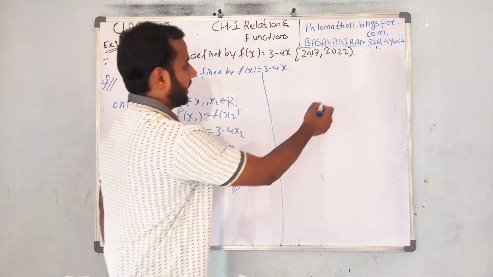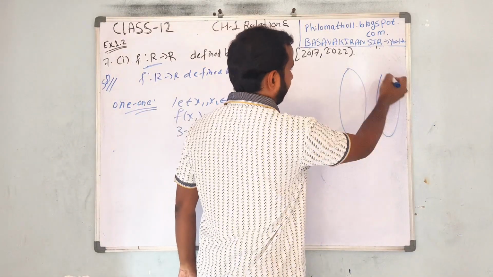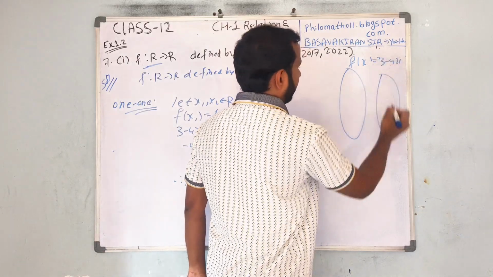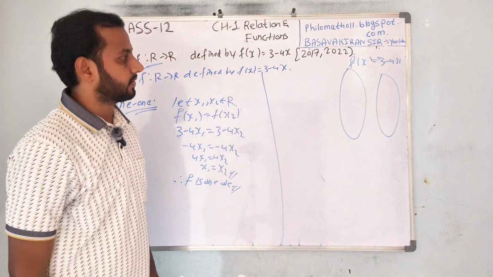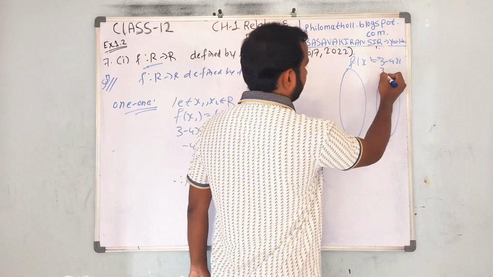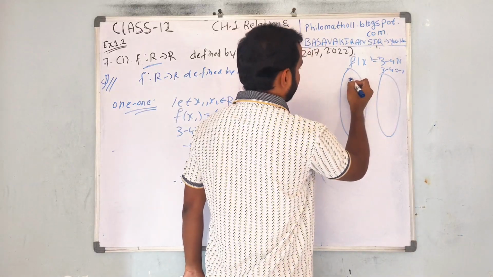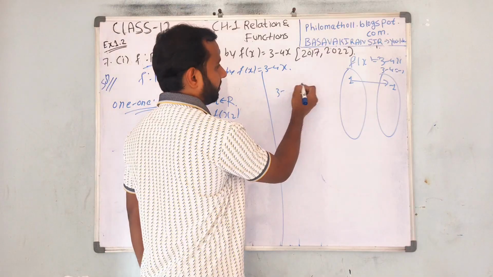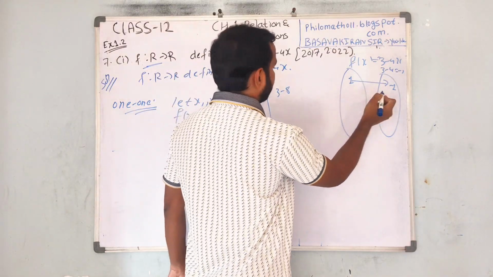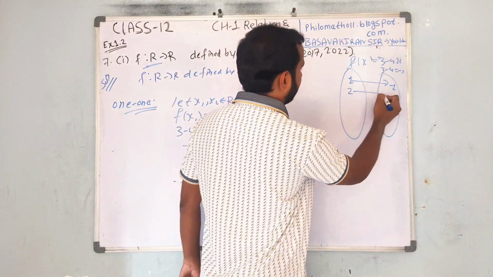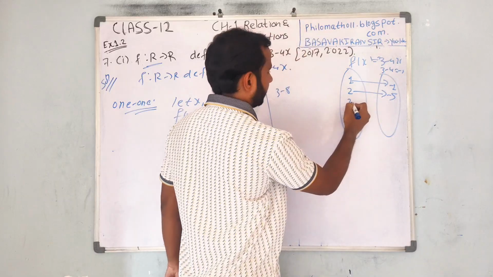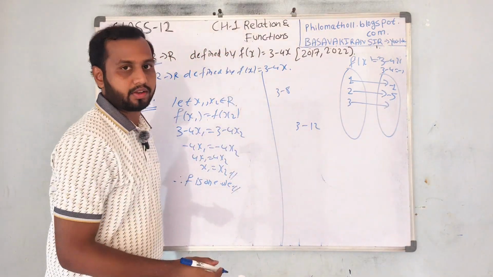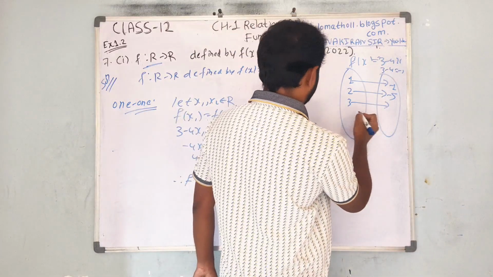For example, arrow diagram ಲಿಂದ, f of x equals ಎಷ್ಟಿದೆ ಈಗ? 3 minus 4x. x ವ್ಯಾಲ್ಯೂ 1 ತಗೊಂಡ್ಮೇಲೆ ಏನು ಬರುತ್ತೆ? 3 minus 4 ಎಷ್ಟು? Minus 1. 1 ಇದ್ದಾಗ minus 1. x ವ್ಯಾಲ್ಯೂ 2 ತಗೊಳ್ಳಿ, 3 minus 8, minus 5. x ವ್ಯಾಲ್ಯೂ 3 ತಗೊಳ್ಳಿ, 3 minus 12, you will get minus 9, right?